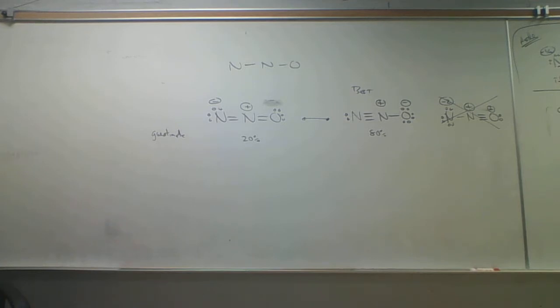Does this look good? Yeah, everything has an octet, except this doesn't look so good because of the formal charges. The formal charge on this oxygen, 2, 3, 4, 5. Nitrogen, okay, 2, 4, 6, 7. This is minus.